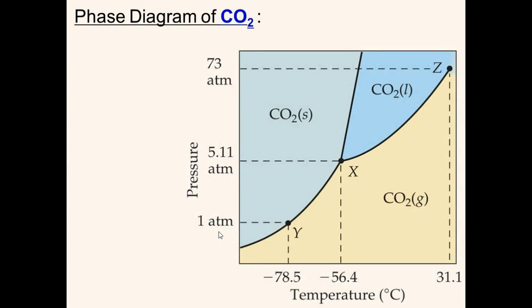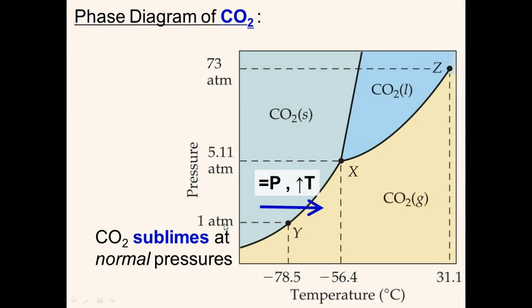And so here we have a phase diagram for CO2. Notice how CO2, at 1 atm, so that's normal atmosphere, sublimes. So it goes directly from solid to gas because it's at a low enough pressure where it doesn't go through a liquid state.